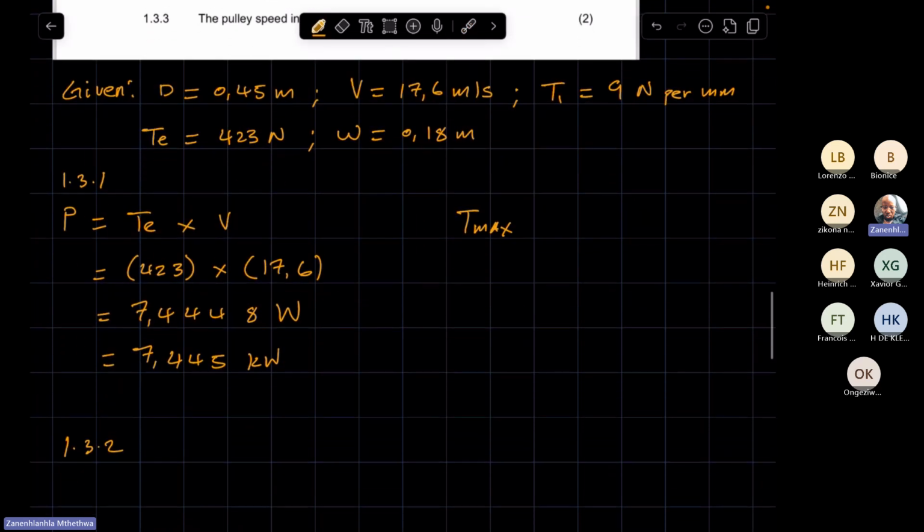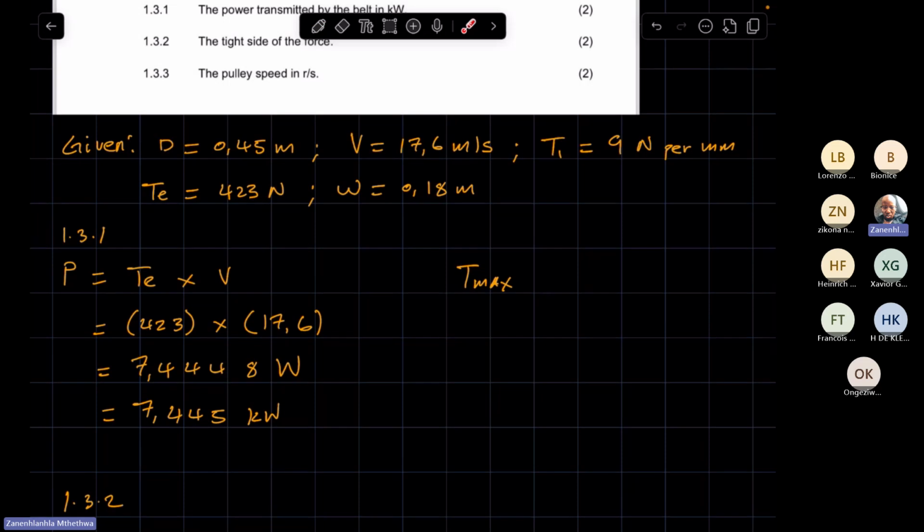So the right way of doing this was to call this Tmax, and then to get T1, T1 is equal to Tmax. Then it depends how Tmax has been expressed. If Tmax has been expressed as newtons, then you use it exactly as it is.